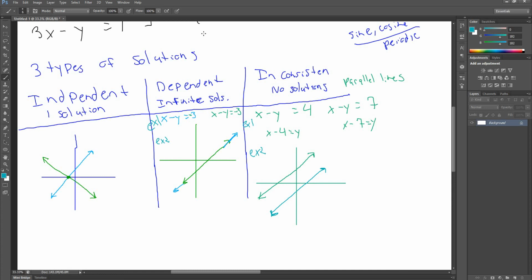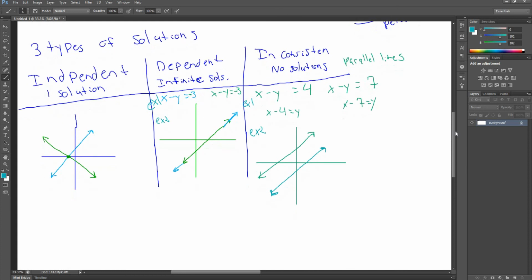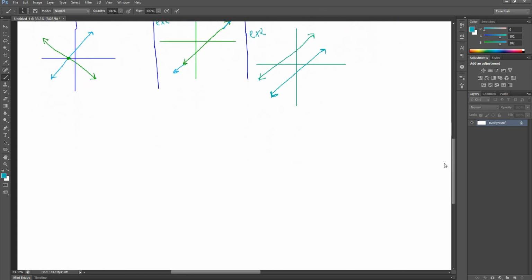Okay, so that covers the 3 types of solutions, and then really from here we're just getting into how to actually solve them. We're going to have two different methods we'll look at. They are substitution and elimination. So if these seem familiar to you, that's awesome.